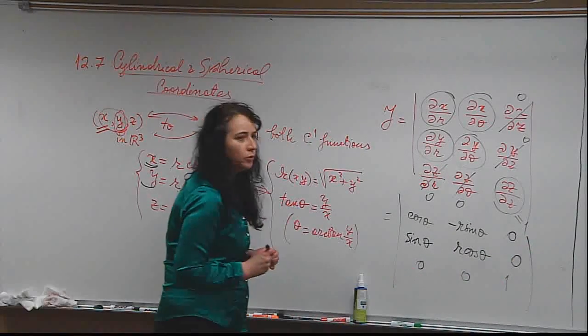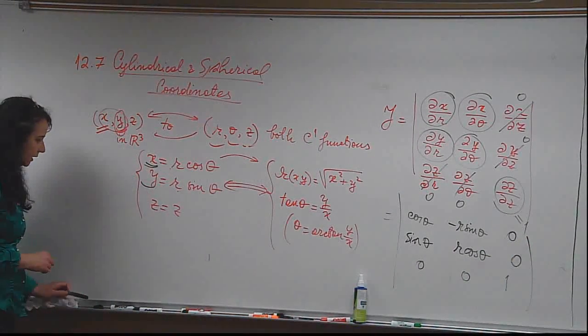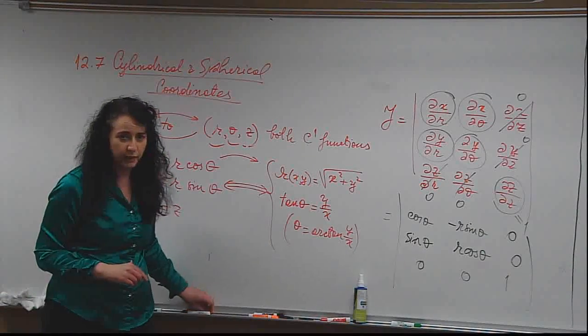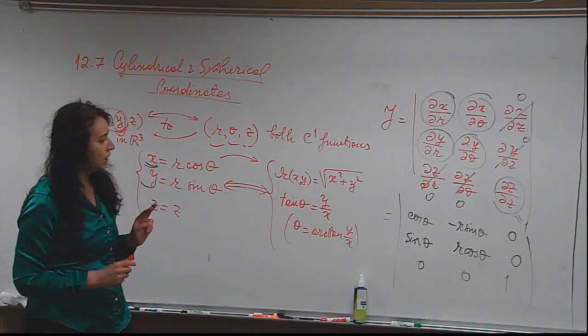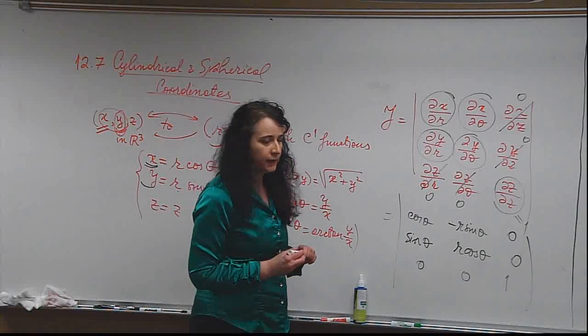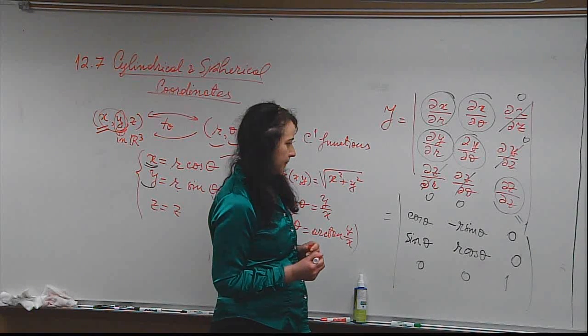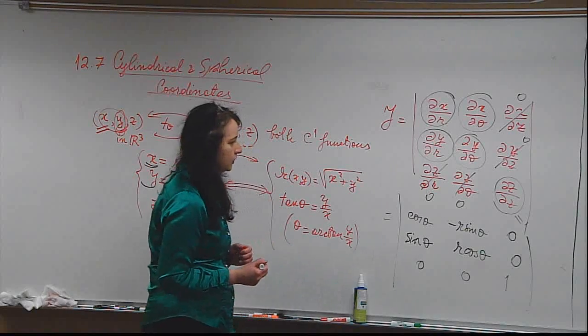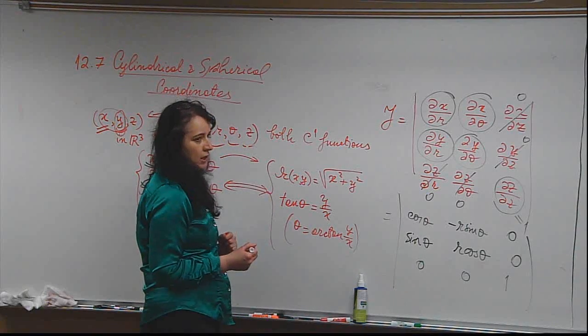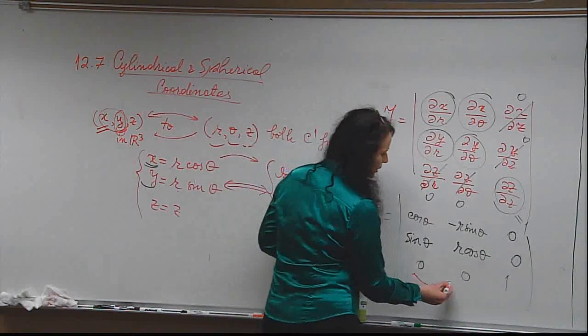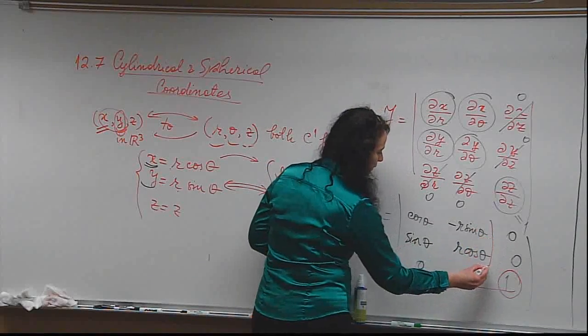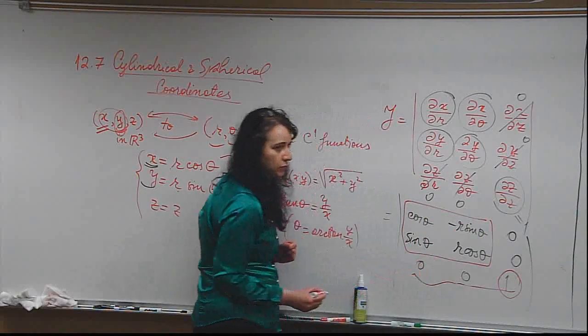So who can compute this determinant and tell me quickly? Well, if you are taking linear algebra, you can tell me immediately. R squared minus 2r squared? It should just be r. It's just r. You can expand along the last row and you have 1 times the determinant over here.